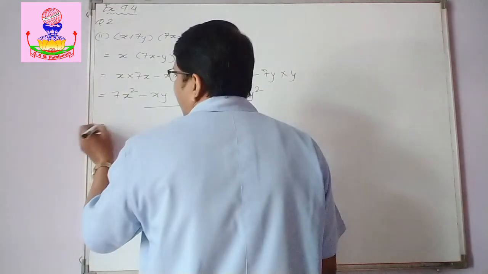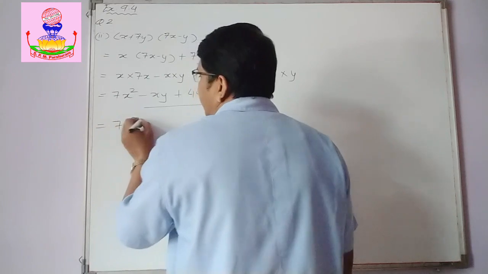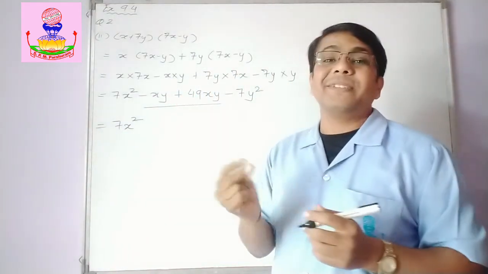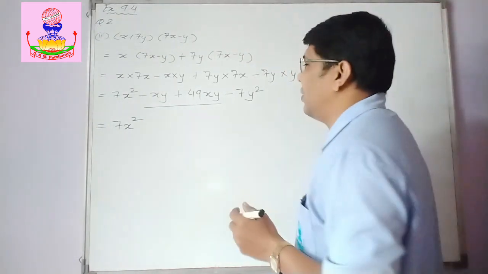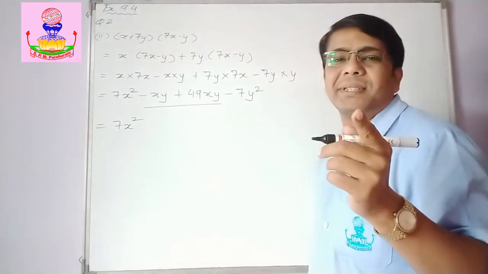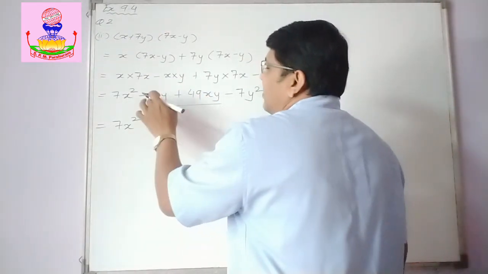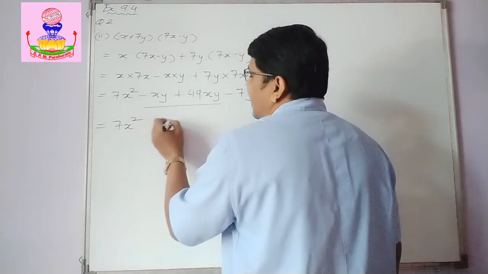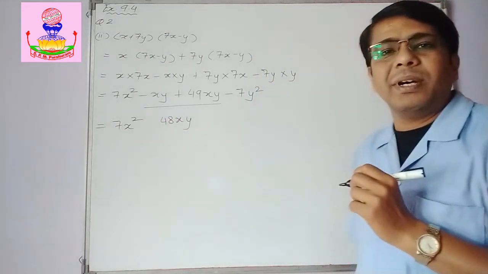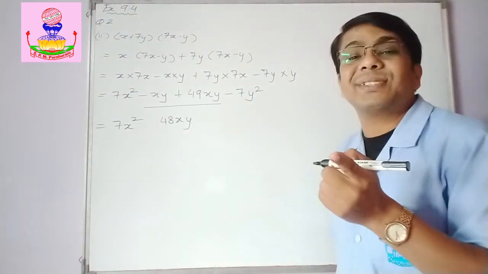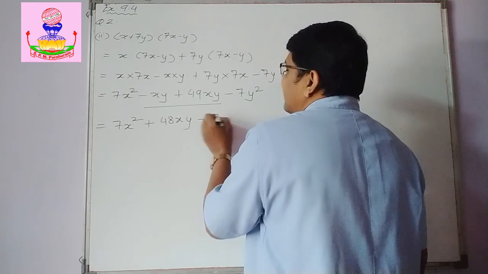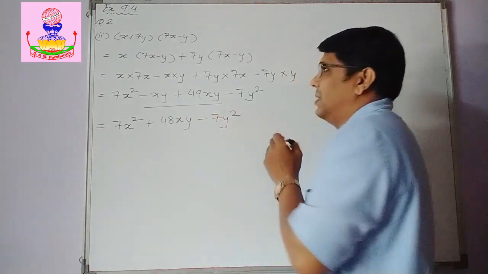So we can do the mathematical operation. Now see here, minus and plus. So difference in sign, subtraction. So 49 minus 1, 48 xy. Give the sign of the bigger number. Bigger number 49. What sign has it got? Plus. So plus, and minus 7y square.